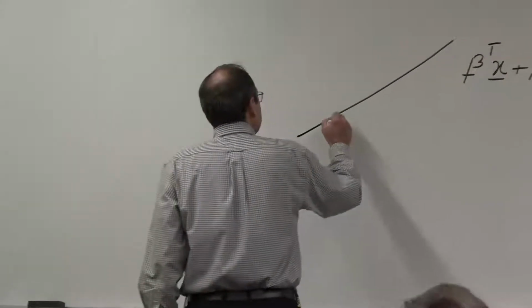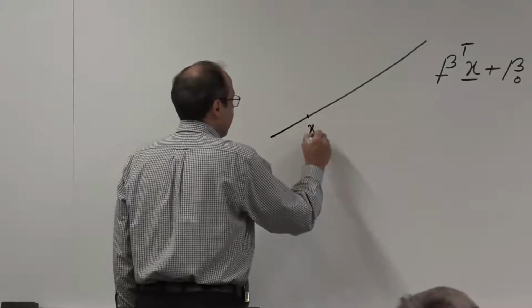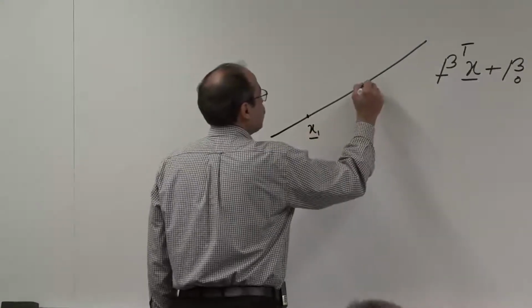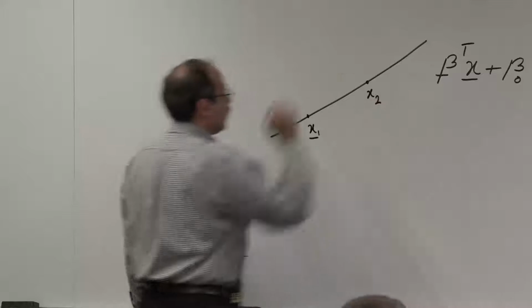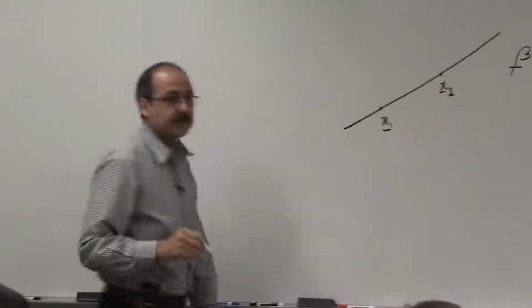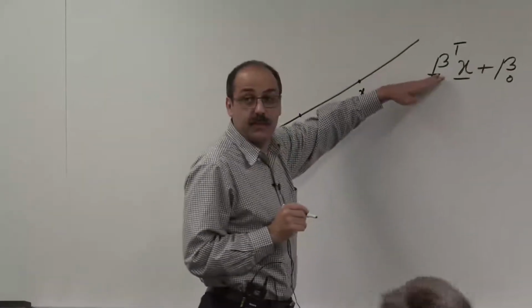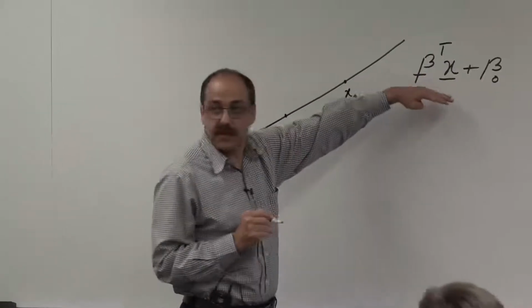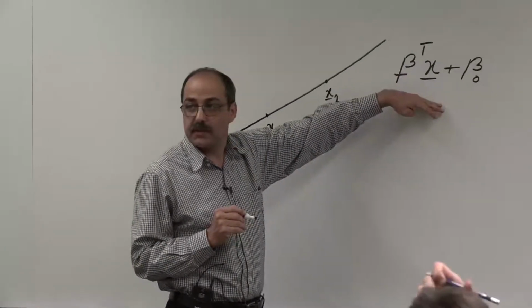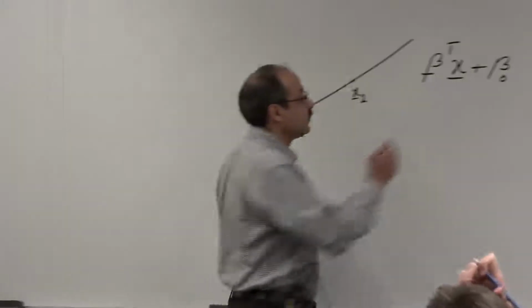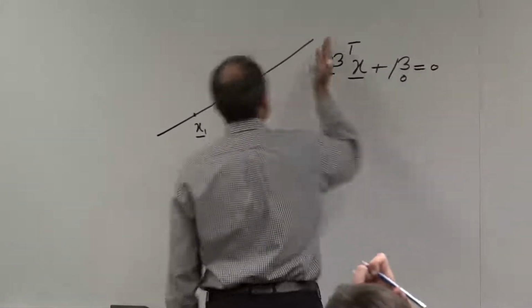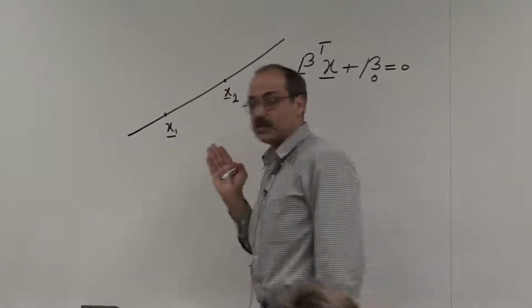If I choose 2 points, x1 and x2, on this hyperplane, then both of them satisfy this equation, beta transpose x plus beta null equal to 0. This is the set of points that satisfy this equation.